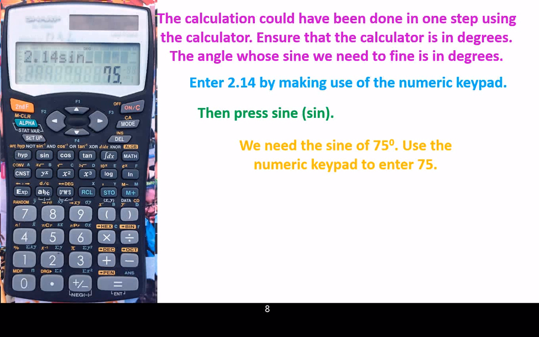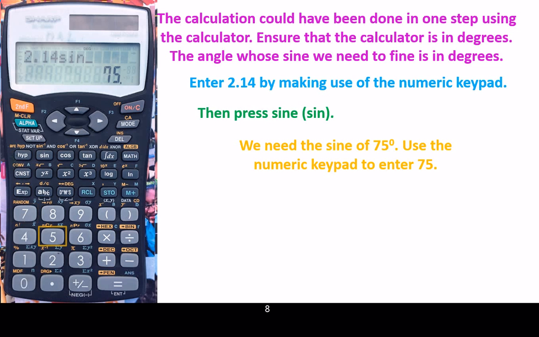We do not need to worry about the symbol for degree, because the calculator right there is already in degrees. So 75 degrees, 75. That's all.